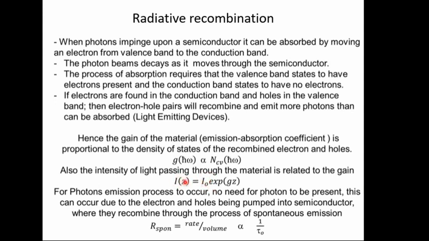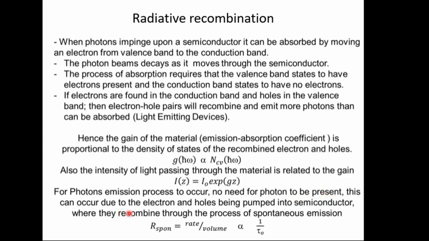So this is the intensity through the material equal to the initial intensity of the light crossing into the material times the exponential term, which is the gain due to the electron hole inside the material times the height or the direction we're going.